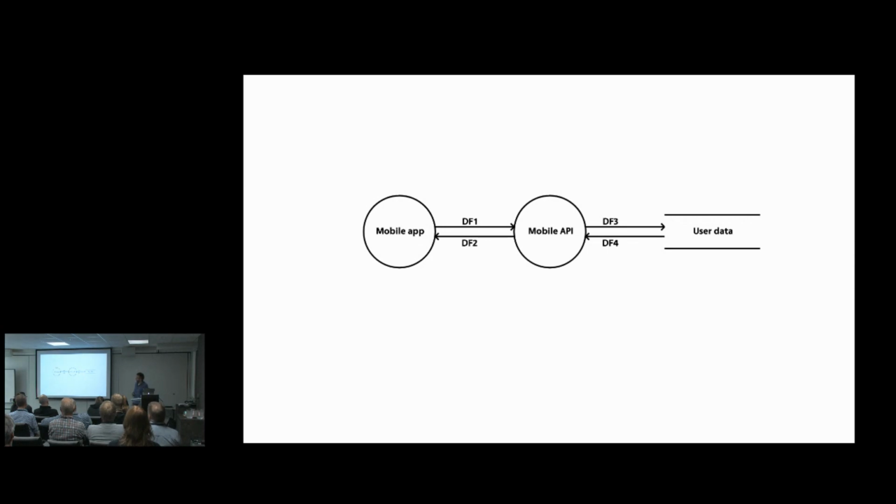So if we have an application looking something like this, what are the threats that could be in here? We have a simple mobile app that might be running on iOS or Android, a mobile API, and some user data. I get the impression sometimes that developers these days don't think about threats at all. Some of you might recognize what this is about. This was a Norwegian company, Rema 1000.